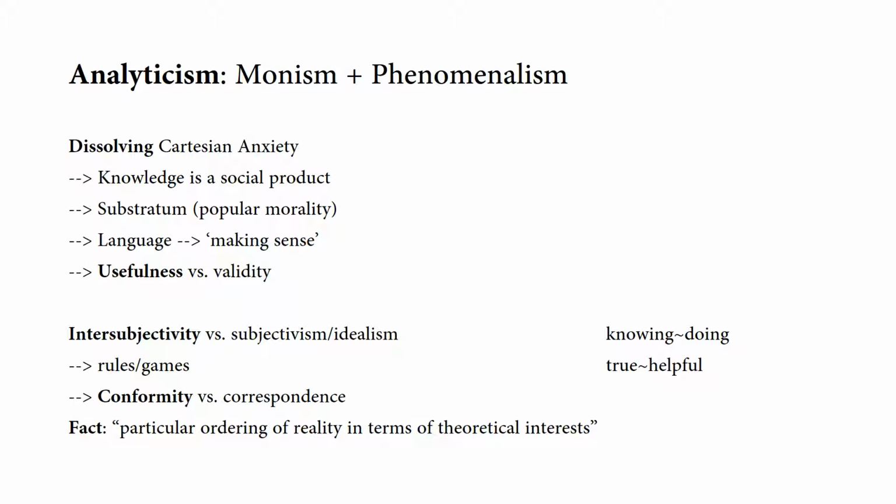So that's bringing us full circle with dissolving Cartesian anxiety. Access to the world is always mediated, and we're never able to answer any questions definitively. All the answers that we can give at any point are metaphorical misrepresentations that are at best useful, and we use language to make sense of things.